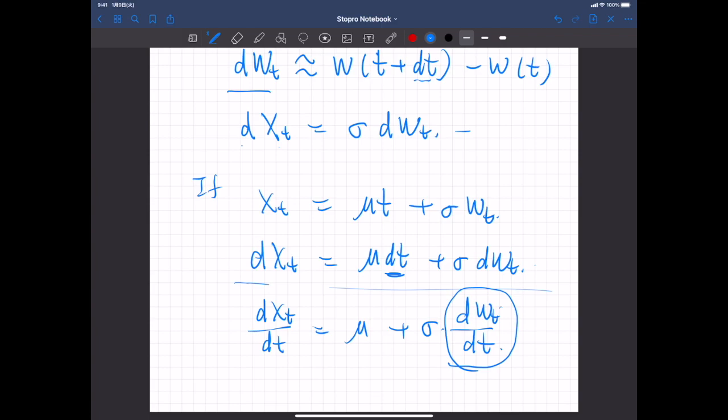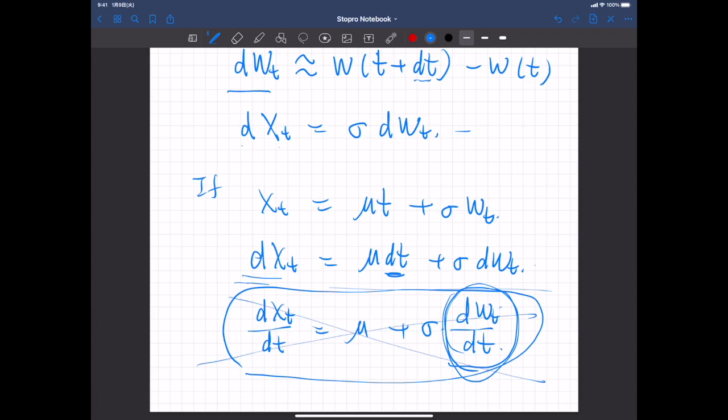But actually in physics, in non-equilibrium statistical mechanics, you might find this type of equation where this term is a random force. This is an example of the Langevin equation, which is often used for modeling Brownian motion. But mathematically speaking, this is nonsense. So we don't use it. We write it in this way.